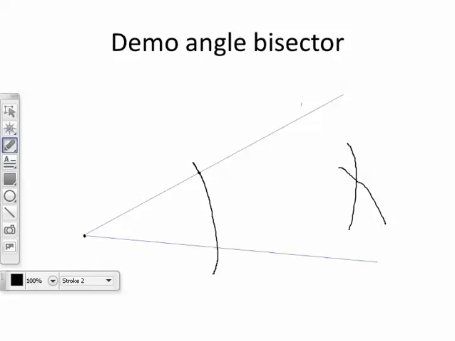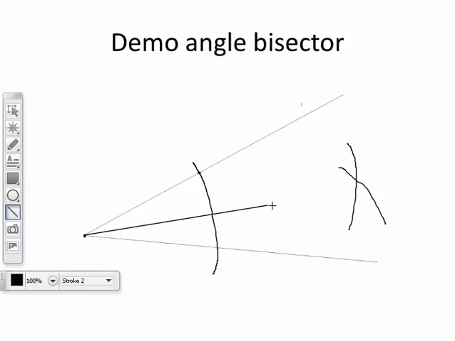Where those two arcs intersect each other will be the point that I want to draw to get the angle bisected, divided in half, into two equal parts. This part will be equal to this part. When I do this, I've created equal angles, and you can mark them as equal there.